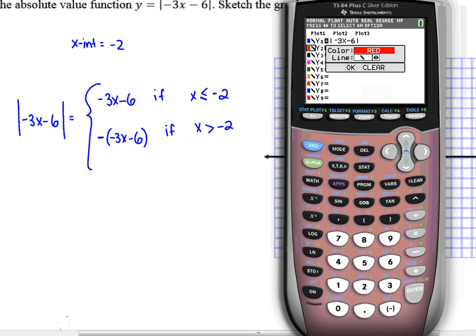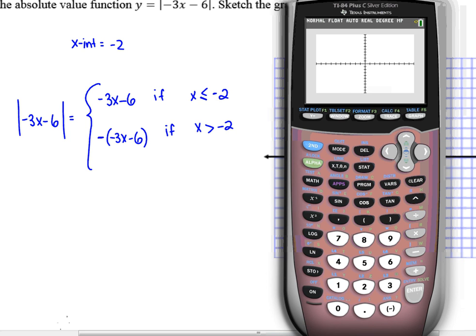So you can change it. On the older versions you keep pushing enter. Okay, so that one's solid, one's dotted. So what's the original graph? What's the absolute value? And then you can see them. There's my absolute value graph that I'm drawing, and there's the original graph.